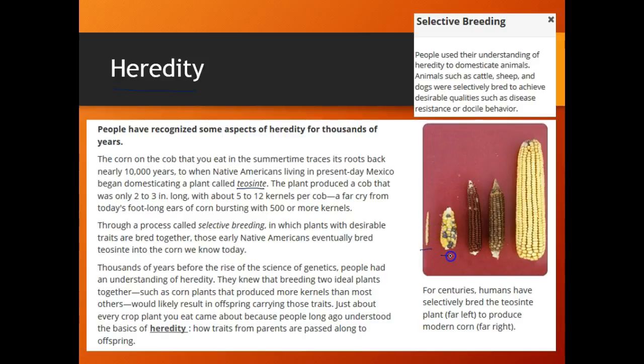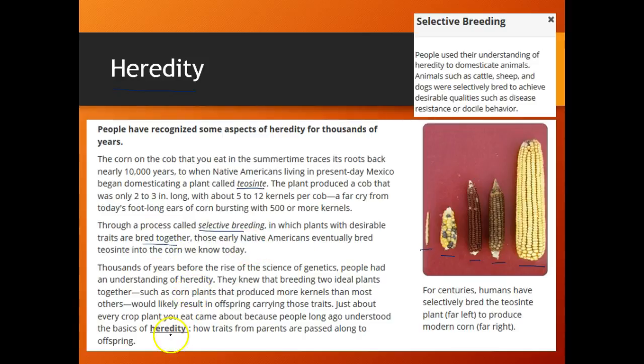And so what you see over time is progressively bigger and bigger plants, and that's how we get what we call today corn. This is an example of selective breeding, where plants with desirable traits are bred together.